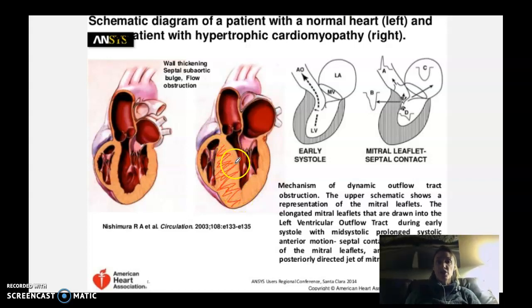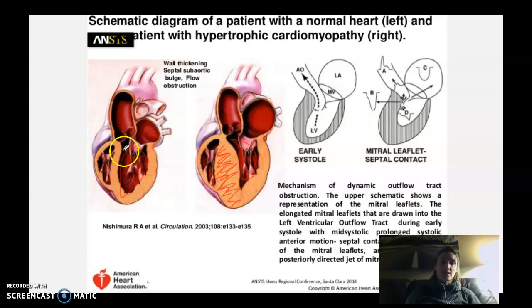Because it's so much thicker, there is less filling space inside the ventricles. So this area is smaller than in our normal ventricle over here. As a result, blood cannot flow into the left ventricle as easily, and therefore it can also not eject as much blood out of the heart to the rest of the body.